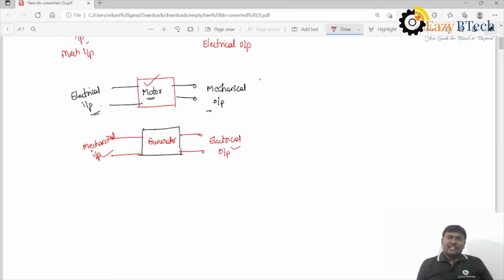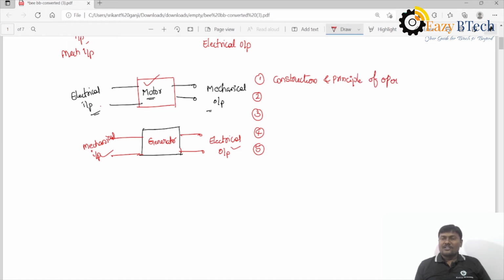If you take any machine, either DC machines or AC machines or transformers, these are the key points to learn this electrical machines subject. First is construction and principle of operation, and then the EMF equation of a machine.